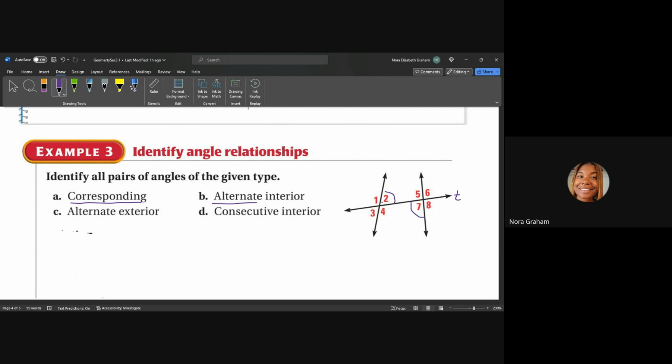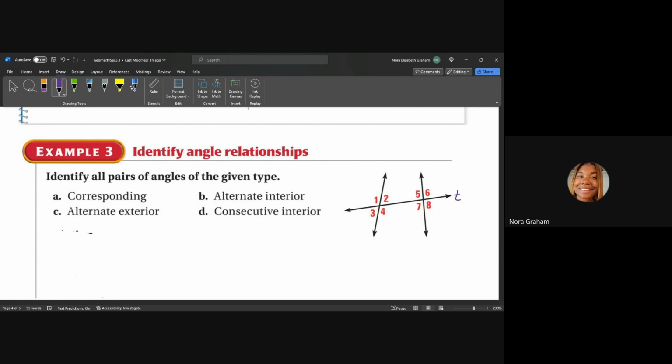So 2 and 7 are alternate interior angles. Another pair of alternate interior angles would be 5 and 4. So those are my two pairs of alternate interior angles.